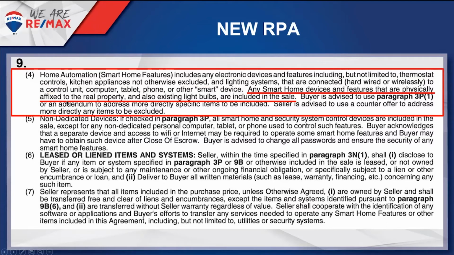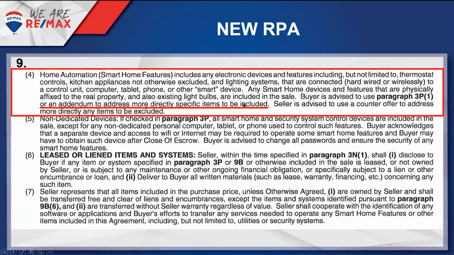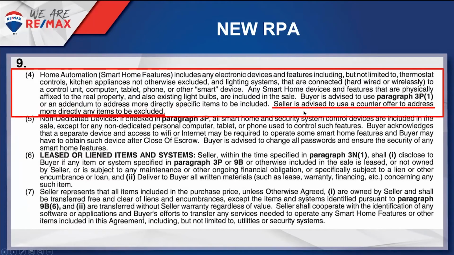If they are physically affixed to the real property, that also includes existing light bulbs, they're included in the property. The buyer's advised to use 3P1 to clarify what they want. That's just a good idea. And the seller's advised to use a counter to clarify what they don't. In general, most security stuff is going to be included.